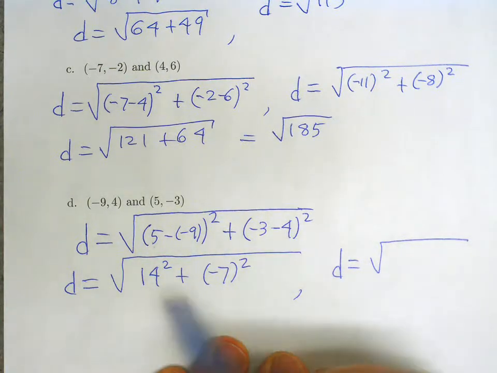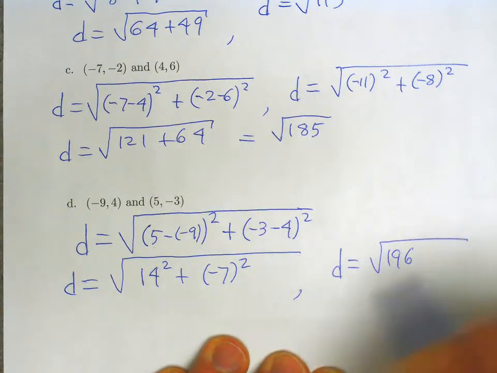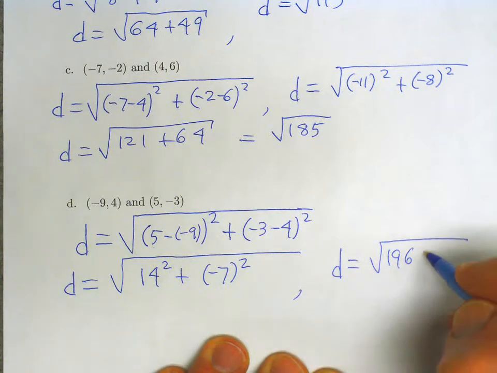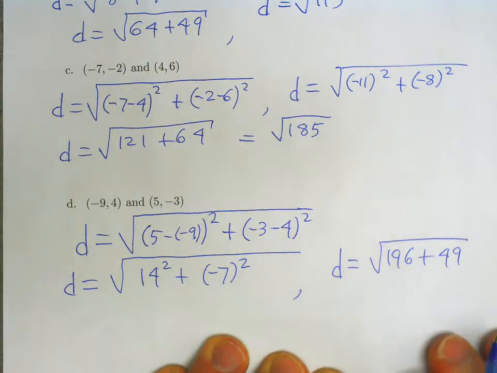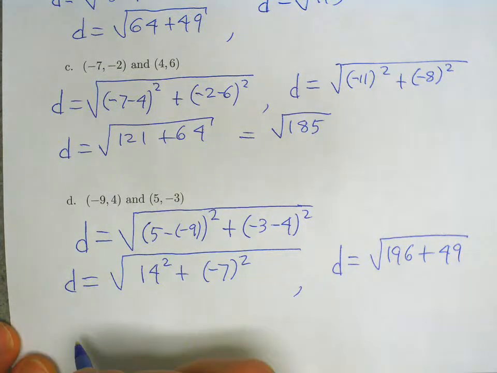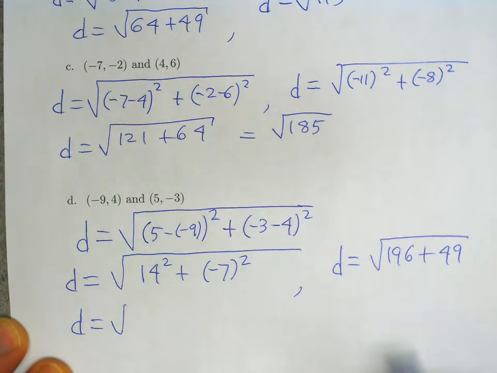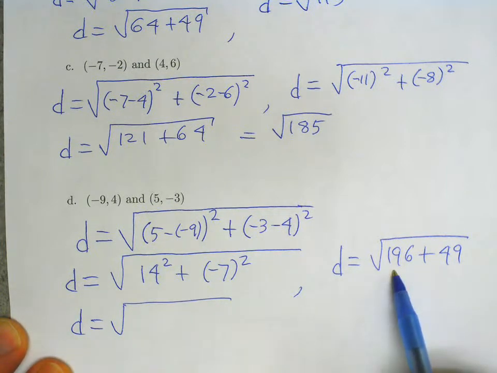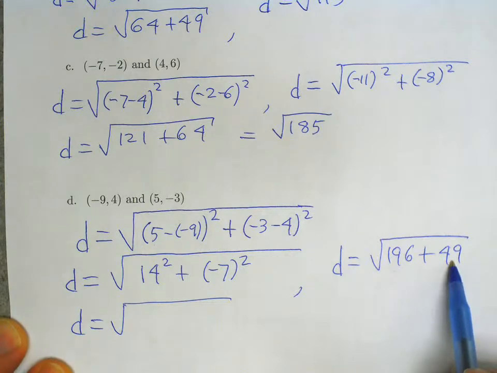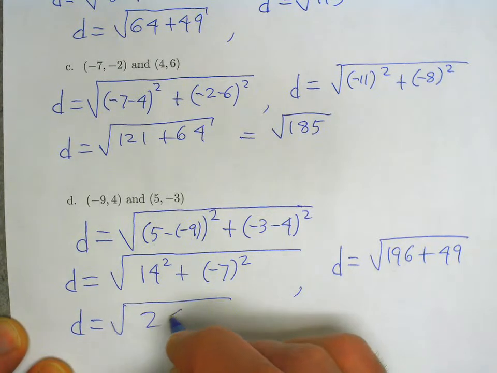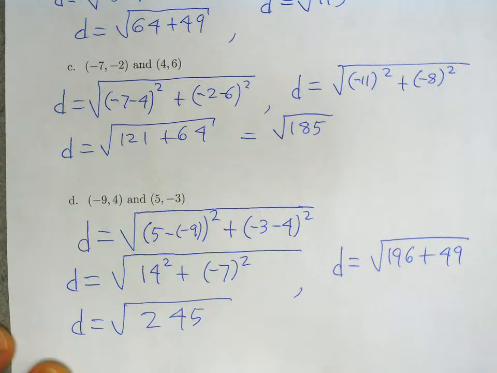Okay, 14 squared is 196. The number -7 squared is 49. And 196 plus 49 is 245. So we have the square root of 245.